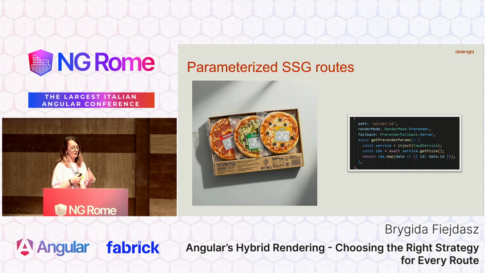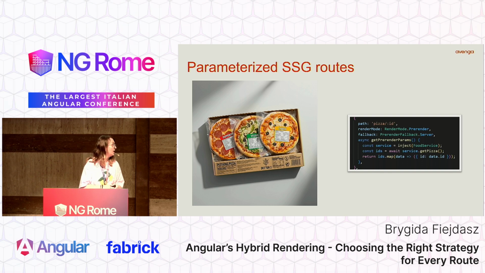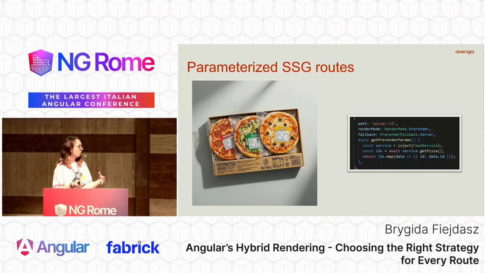And we have a function, getPrerenderParams. And in this function, you can inject your service, and you can get all values. So in this case, all pizza IDs from your server, from your API.